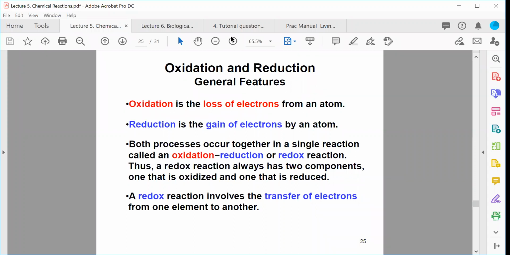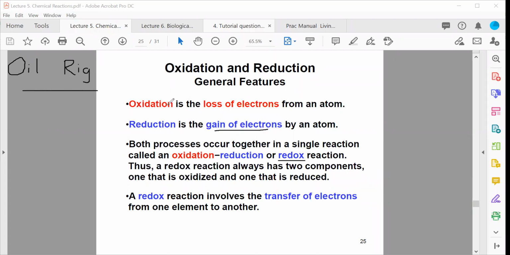So a really good way to remember this is to remember OIL RIG. So when you see any mention of oxidation reduction, otherwise known as redox, think OIL RIG, where OIL stands for oxidation is loss, in other words, loss of electrons, and RIG stands for reduction is gain, that is gain of electrons.